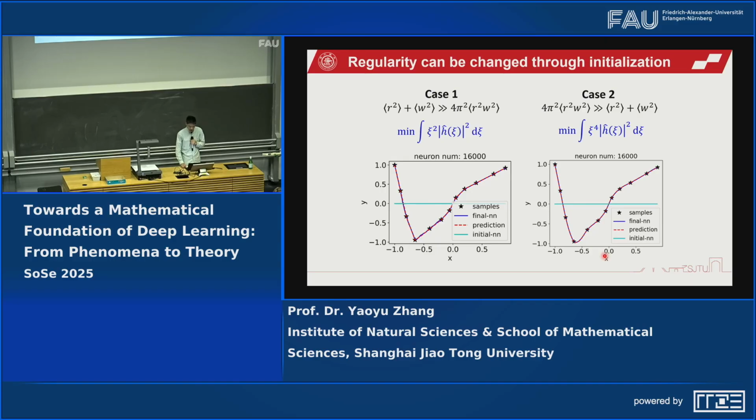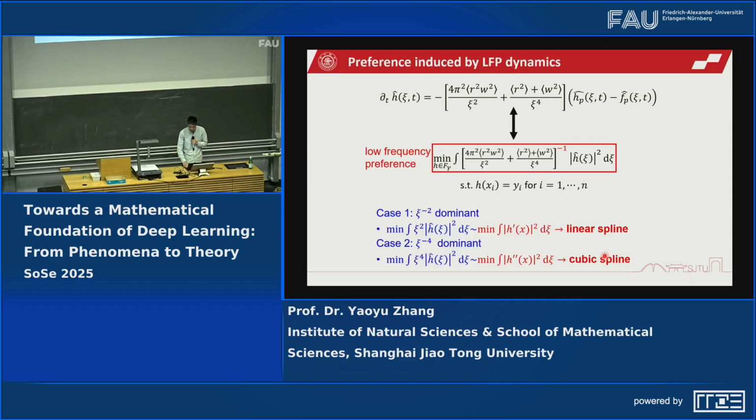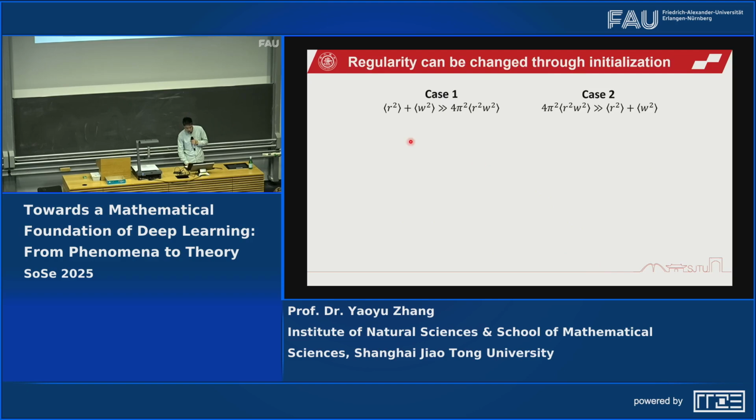Okay, and how do we tune the network so that it behaves differently, becoming more like linear or more like cubic? What we do is just tune these initial variances. All these things, this R square, which in this bracket means the mean value of R square at the initial training.